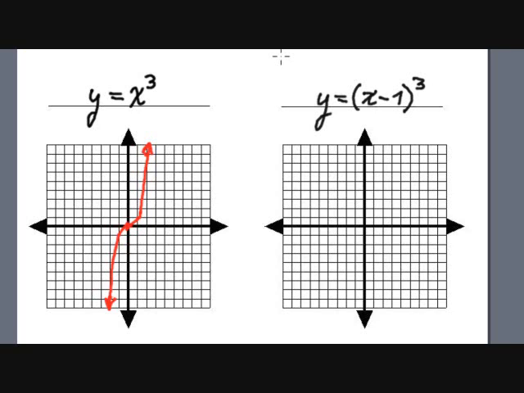This is a typical horizontal shift, 1 unit to the right because the sign is negative. Okay, now our curve looks similar. Now the reference point is here, 1, 0, 1 from this point, and 1 from this point.